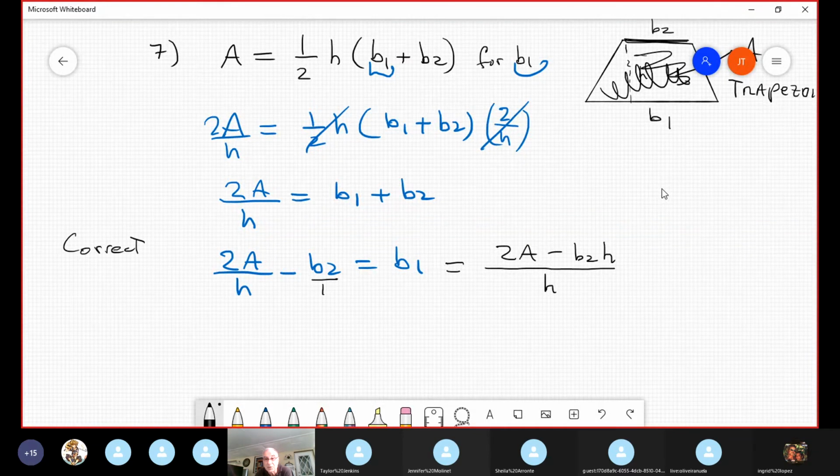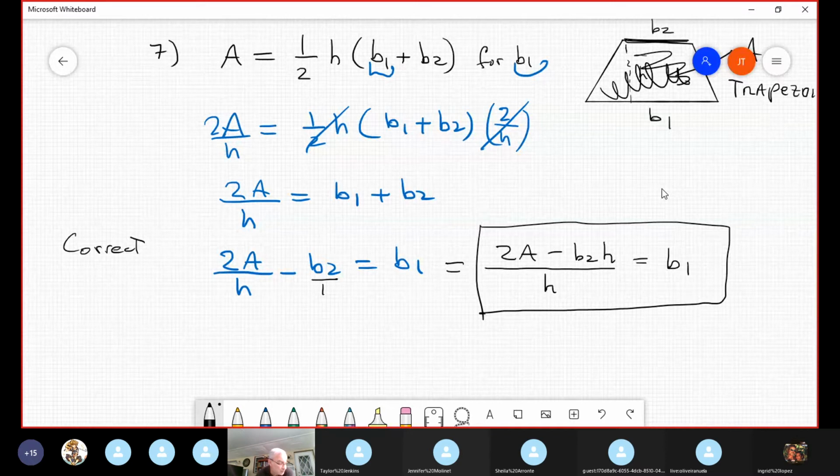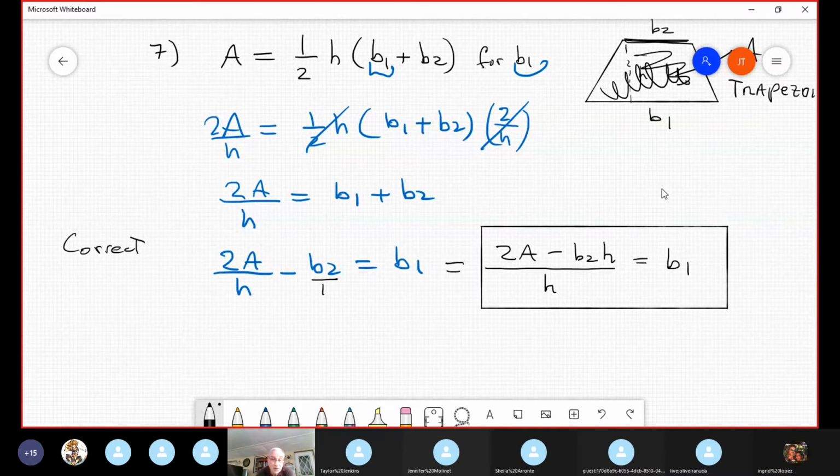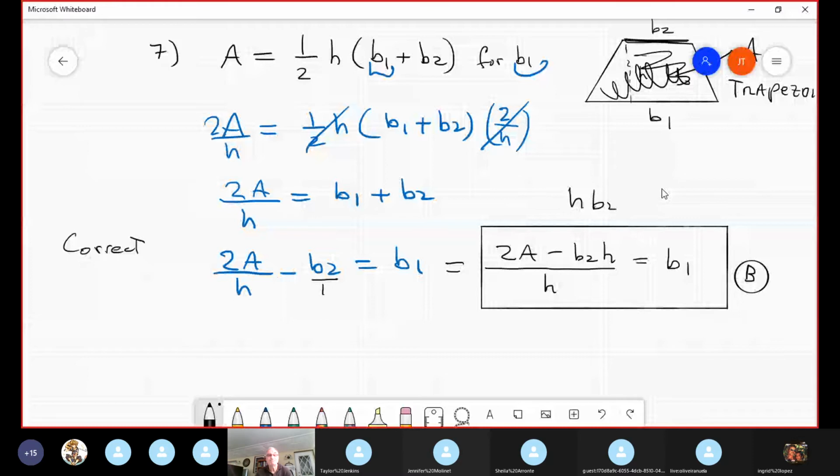So the new expression is 2a minus hb2 divided by h. In my opinion, it's option B. It doesn't matter whether it's hb2 or b2h, it's the same because it's multiplication. Option B. Super.